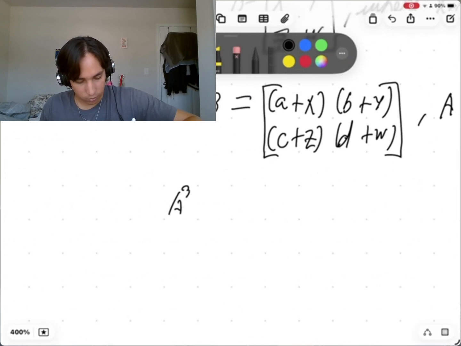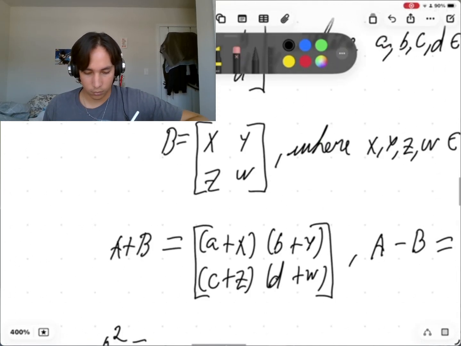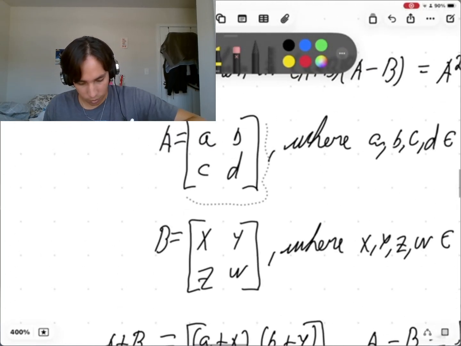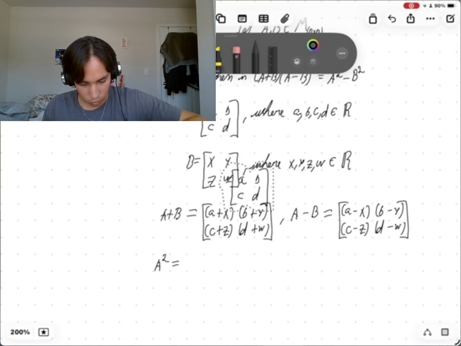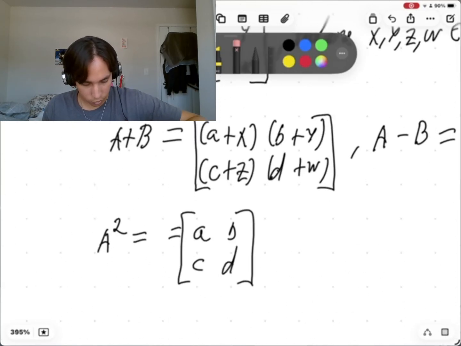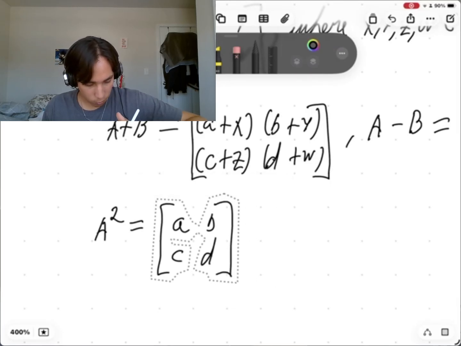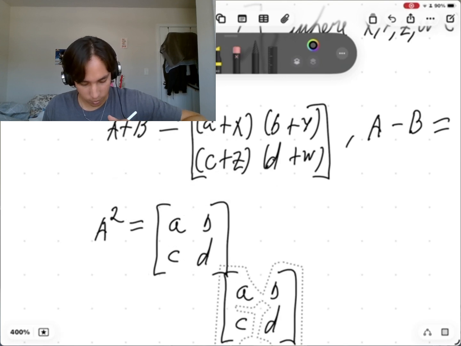A squared, not cubed. A squared is... I'm gonna have it there so I can visually see it.